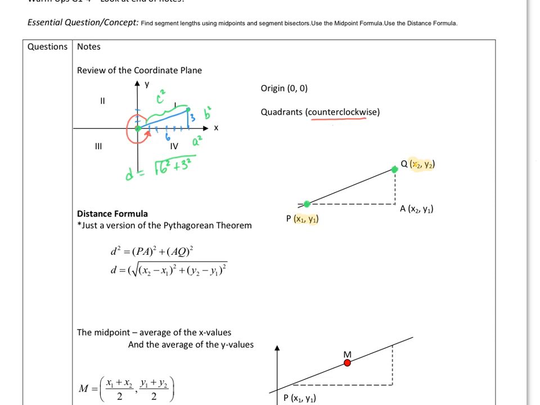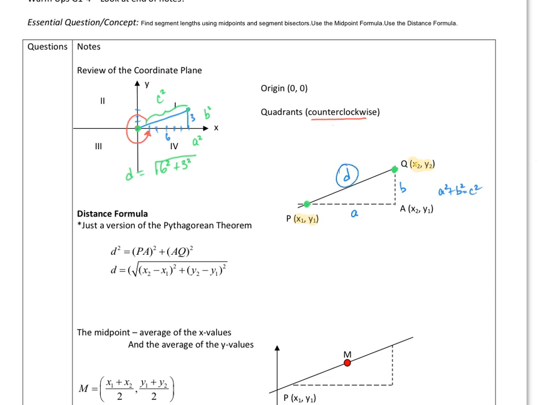Well, I can find this distance in here, and maybe you've covered the distance formula before by simply using the Pythagorean theorem. This is going to be a, this is going to be b, and we know that a squared plus b squared will give us c squared, which will be this distance.